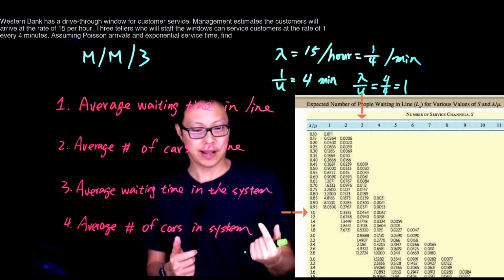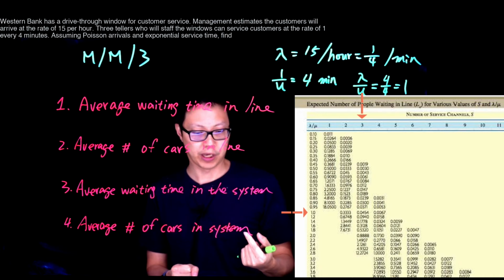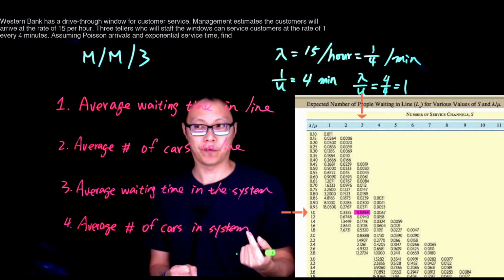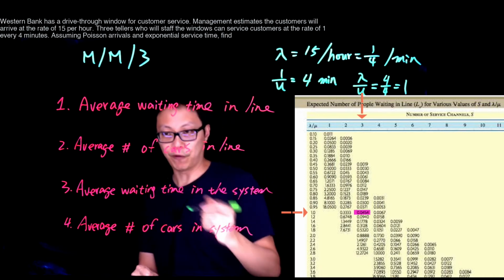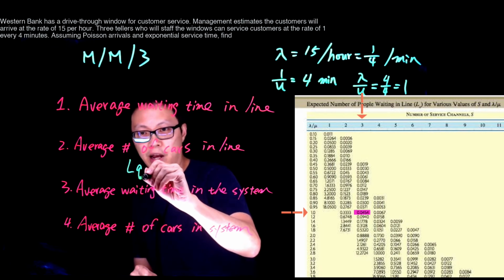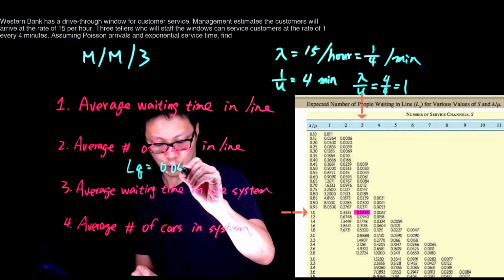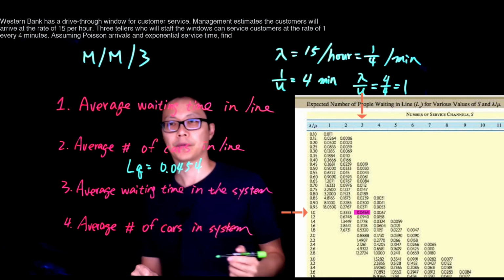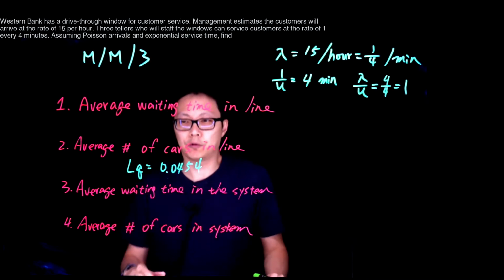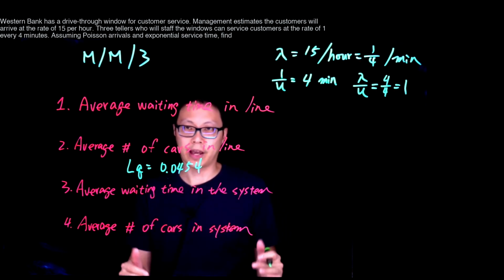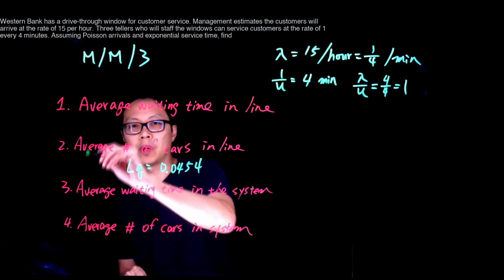And you will realize that the corresponding value will be equal to 0.0454. So we know the average number of cars in line, LQ, is equal to 0.0454. Okay?